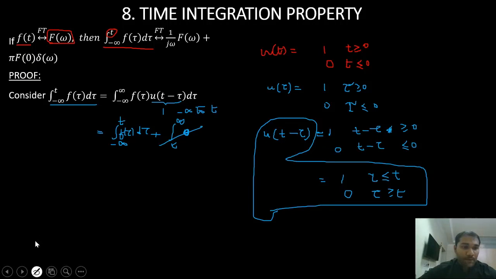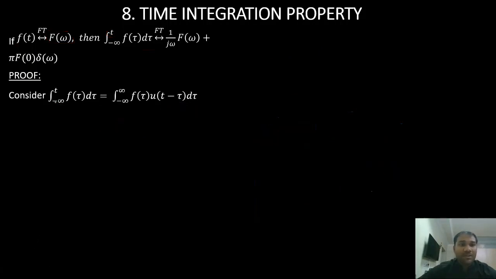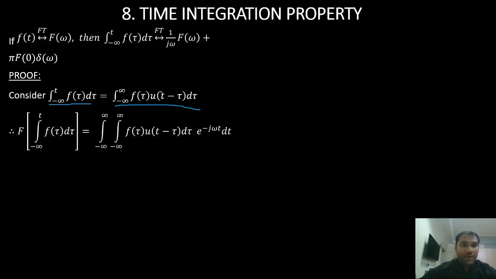Okay. Let me erase everything here. So this is my time domain signal, I am just writing it in this form. What I will do now is take the Fourier transform on both sides. The Fourier transform of this signal is nothing but the integral from minus infinity to infinity of, in place of f of t, I have this whole signal, times e power minus j omega t dt.